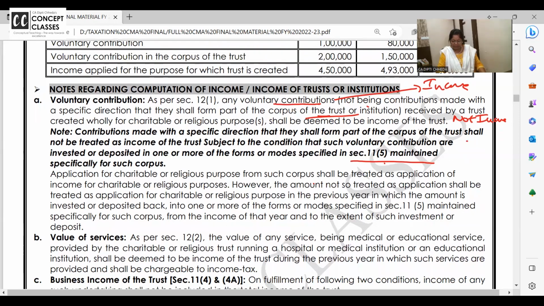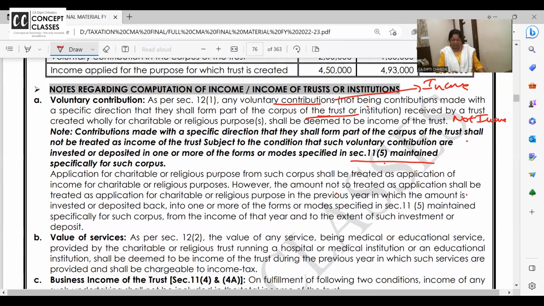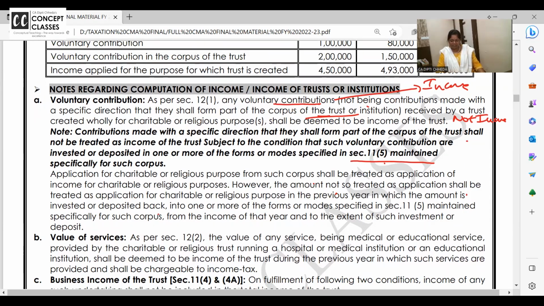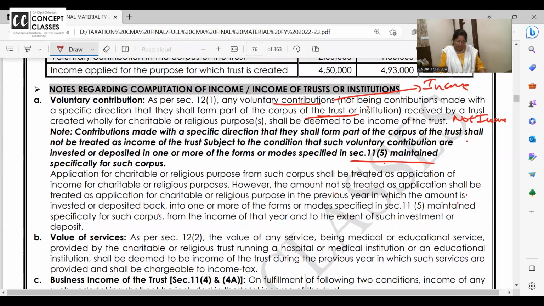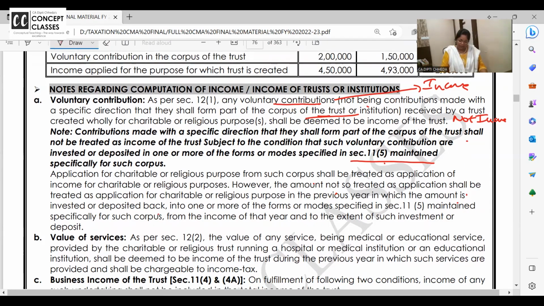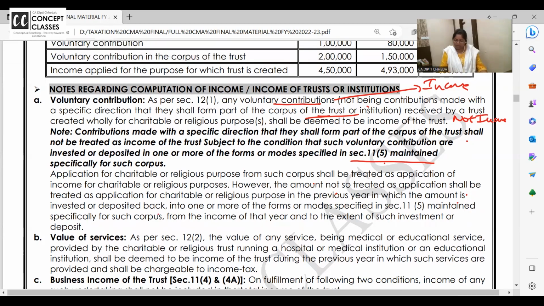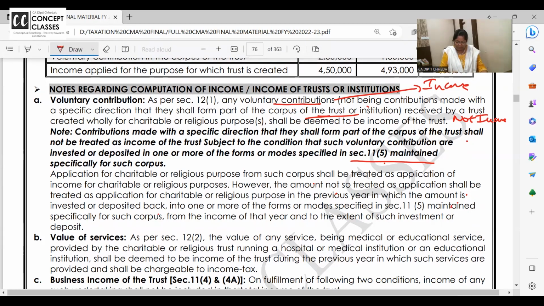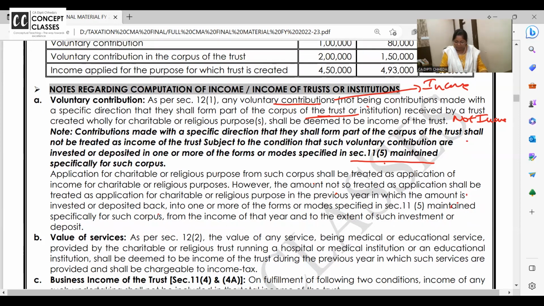However, the amount not so treated as application shall be treated as application in the previous year in which the amount is invested back into one or more forms specified in 11.5 from the income of that year. Oh my, this also needs an example, and this time I missed keeping a gap for the example.